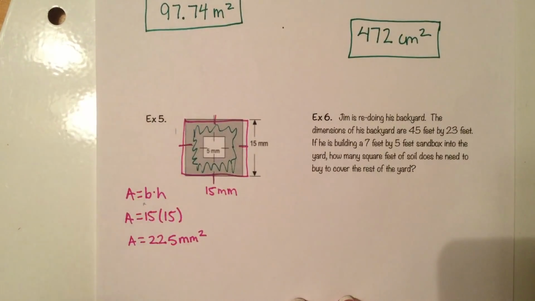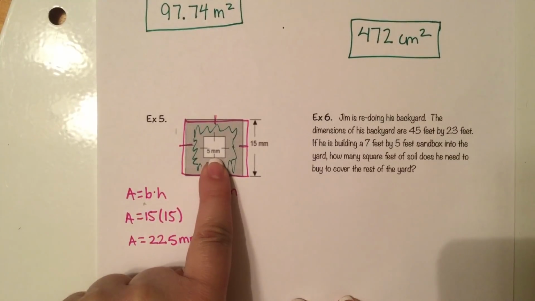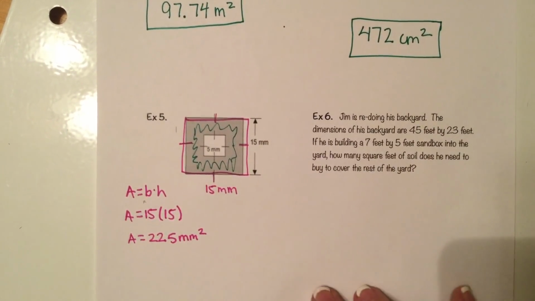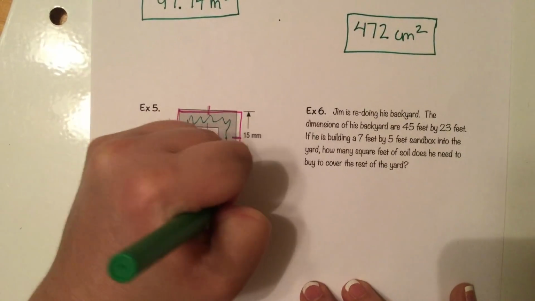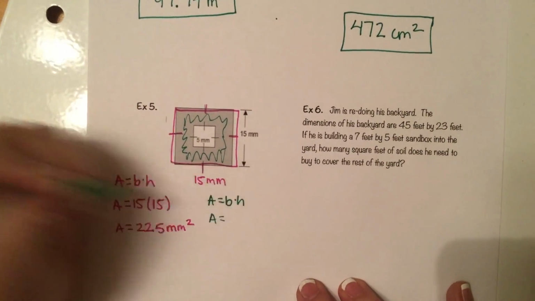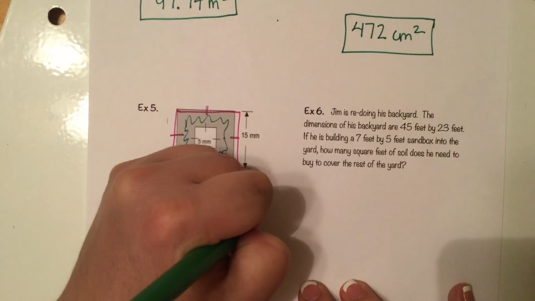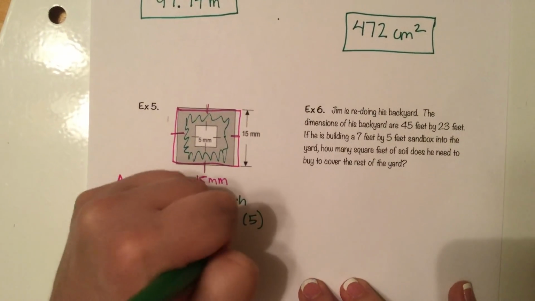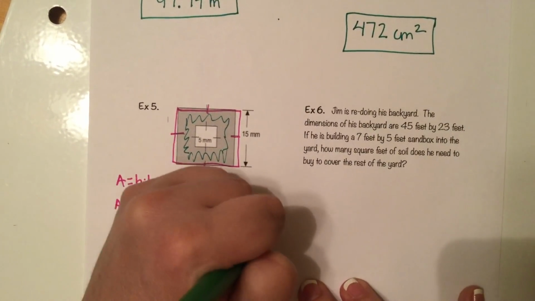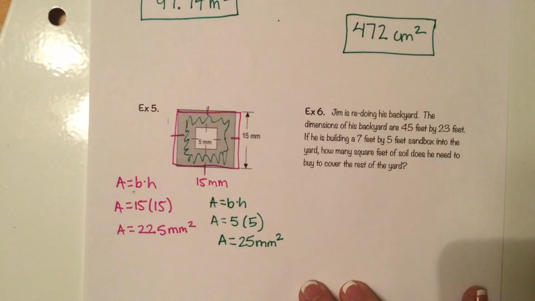Well, the square in the middle also is a square, so it has 4 congruent sides. And I know that this square, all the side lengths are 5 millimeters. So I'm going to go ahead and find the area of that small square. Area equals base times height, which means area equals 5 millimeters times 5 millimeters, which means that the area of the small square equals 25 millimeters squared.